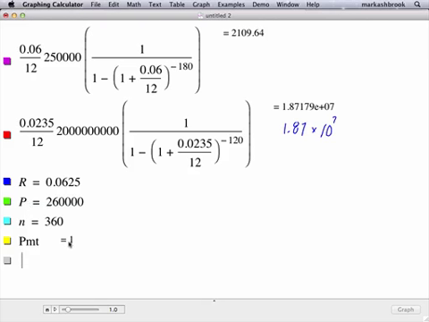Okay, but we want to come back here to the previous line, and we want to define what payment is. So we can type in a formula that has R, P, and N in it. So you can type in that formula now.